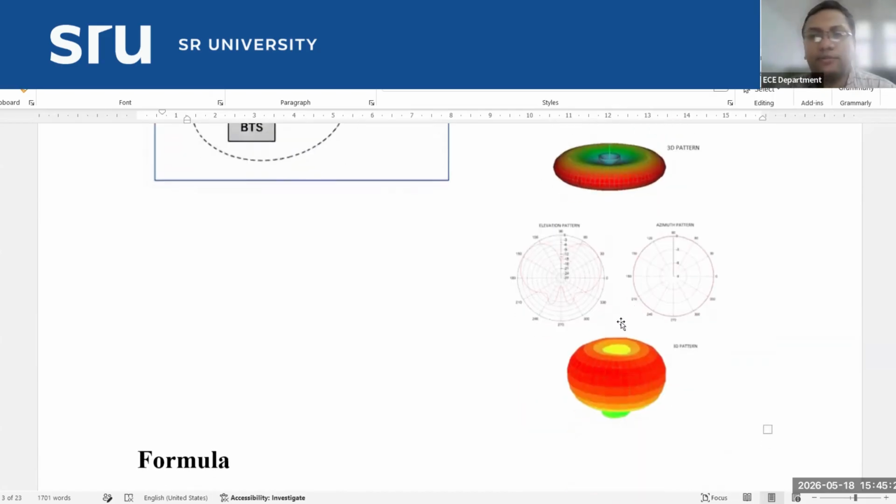So these types of antenna radiation patterns are preferred where I want to cover some area to some extent, but I want that the radiation does not reach so far.